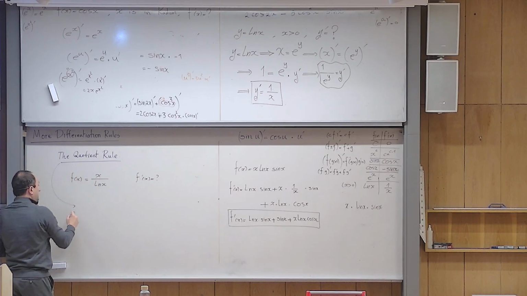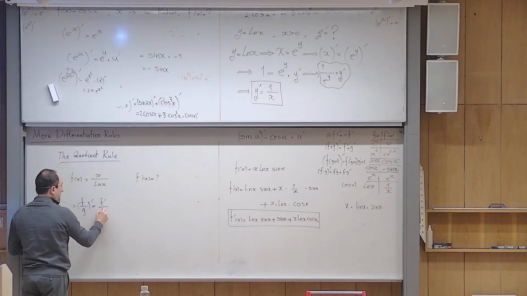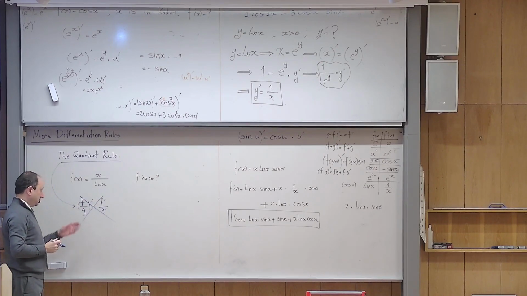The correct rule is this. First of all, let me write the wrong version of it. If you think that this is equal to f prime over g prime, that is not correct.